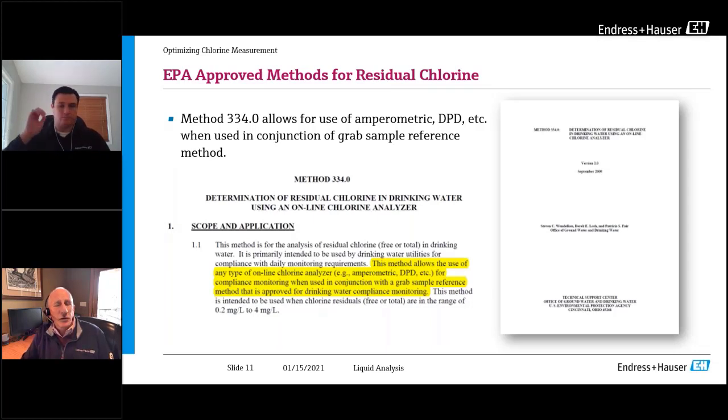So those of you as users out there who are wanting to turn to amperometric methods, you can rest assured that it's an EPA accepted method under 334, as long as you have a methodology in place to be able to verify the instrument in that application. And that's an easy thing to do with a handheld DPD test method and being able to sample water off of your analysis system.